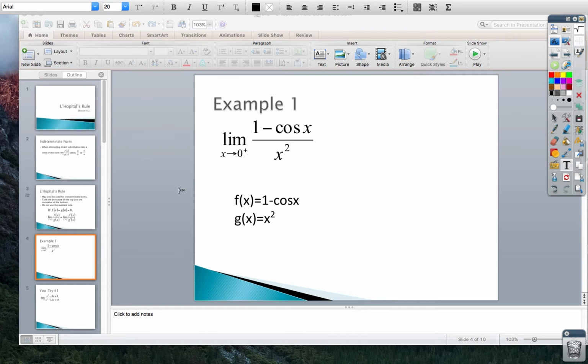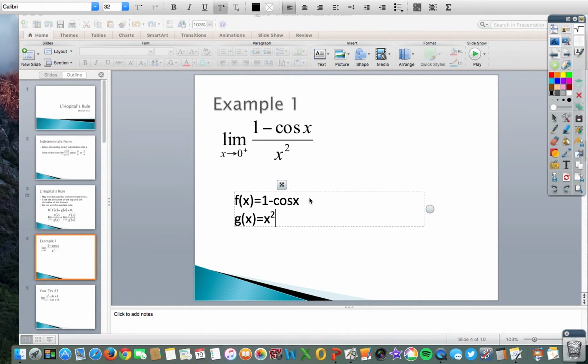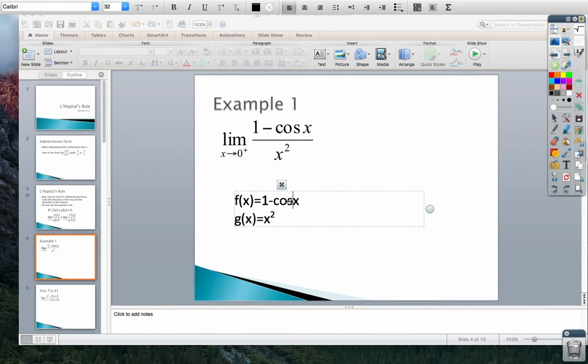When we take the derivative of each function, we know the derivative of f of x is equal to sine of x, and the derivative of g of x, or g prime of x, is equal to 2x.